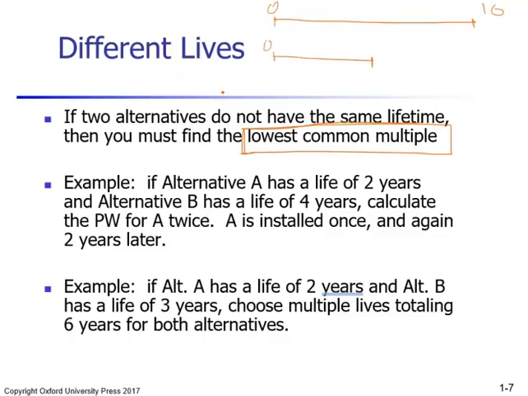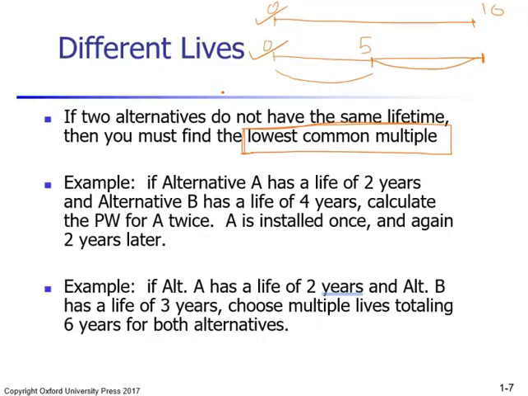So it is not fair to compare them in this situation. What we need to do is consider this machine for 2 consecutive lives. So now you are comparing 10 years of this machine with 10 years of this machine. And that's the point of the lowest common multiple.